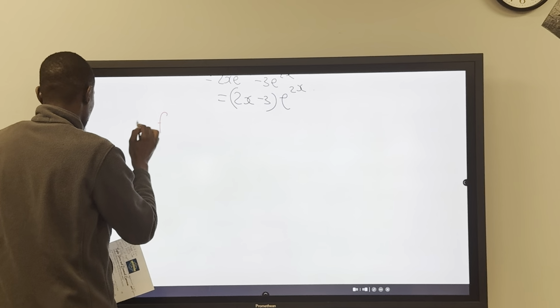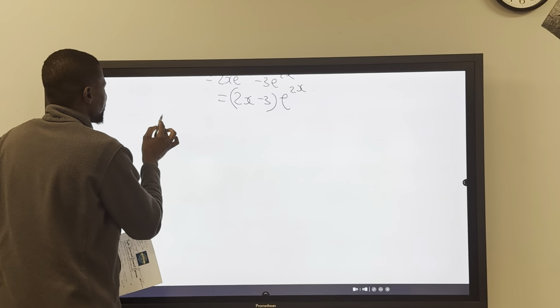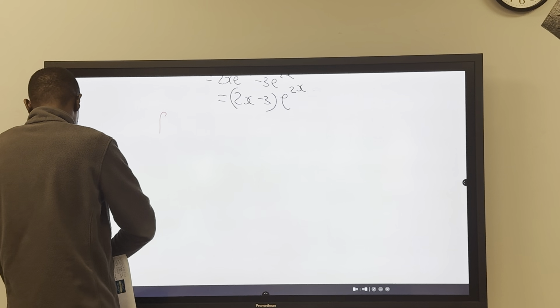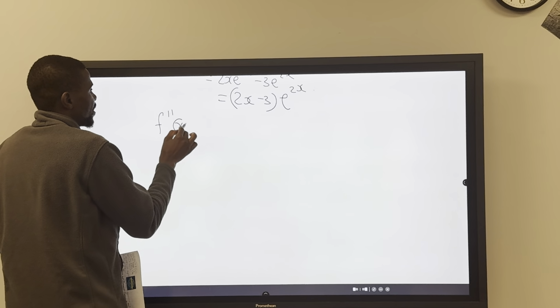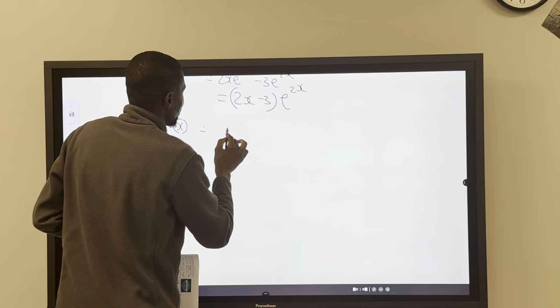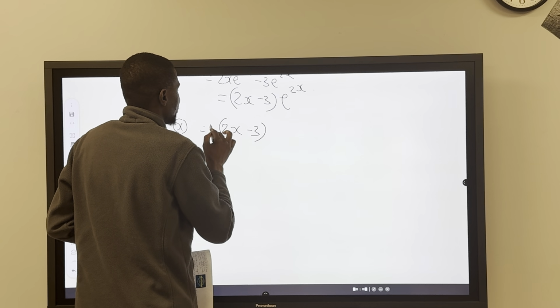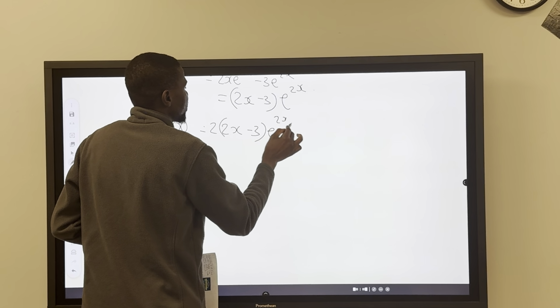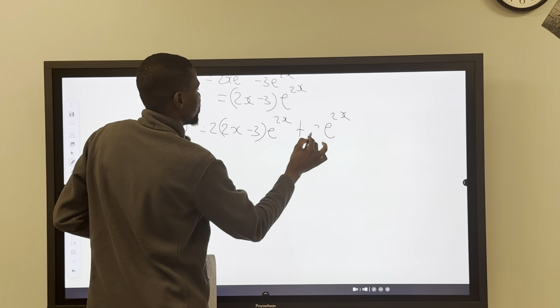So now we are looking for the second derivative. Okay, second derivative, right? U dv, so it's going to be 2x minus 3, dv is 2 e to the 2x plus v. Then if we differentiate here, we get 2.